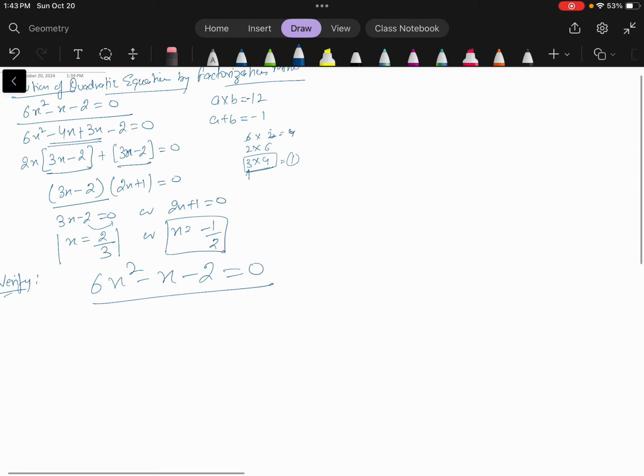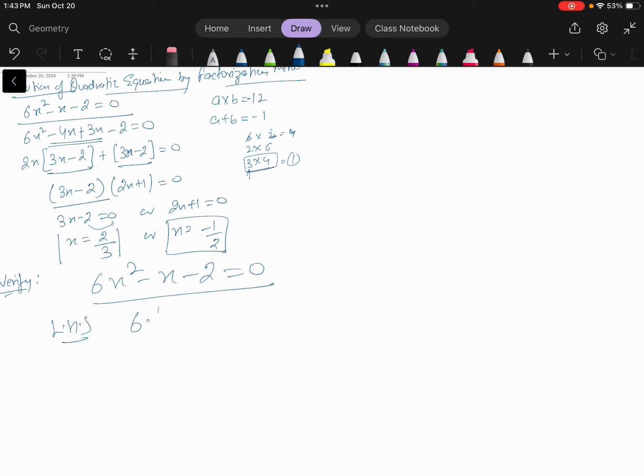When we substitute this value, we take the left hand side: 6 into the square of 2 upon 3, minus 2 upon 3, minus 2 is equal to 0. So 6 into 4 upon 9 minus 2 upon 3 minus 2.